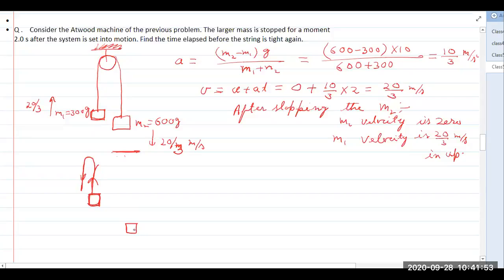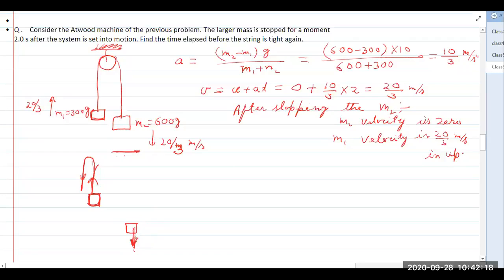And this object is anyway falling under gravity, from 0 initial velocity. So to become tight again, the displacement of this object in the upward direction and the displacement of this object in the downward direction must be the same.